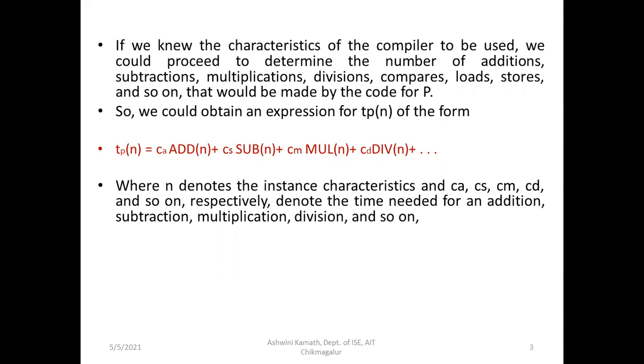CA is the time needed for one addition. Add of n is how many additions we have in your program. So that is the time taken for addition, plus CS. CS is the time required for one subtraction, and sub of n is the number of subtractions in your program.